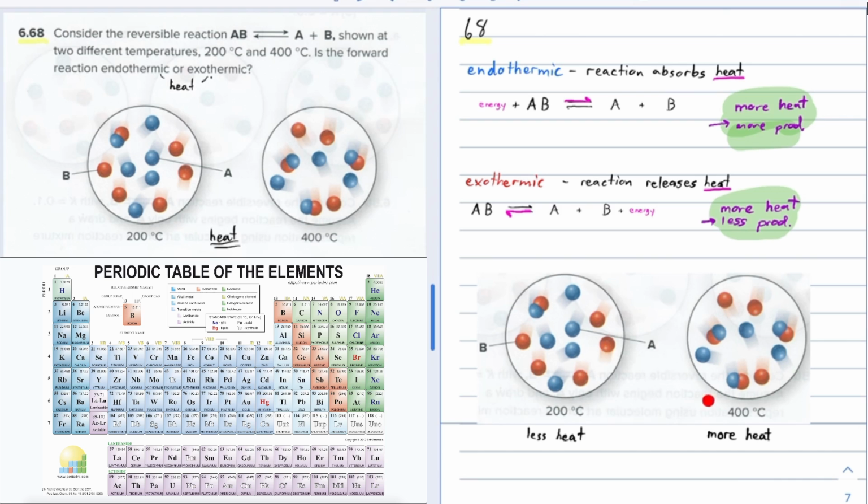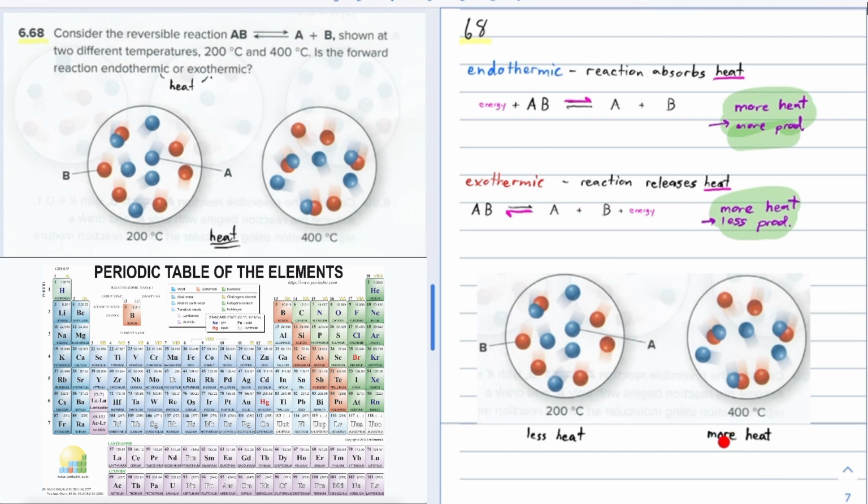At 400 degrees Celsius, it's at a hotter temperature. Now we've just been talking about what happens when the reaction is fed more heat. For an endothermic reaction, there would be more product when it has more heat. In an exothermic reaction, there would be less product.